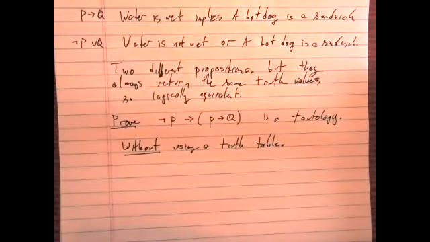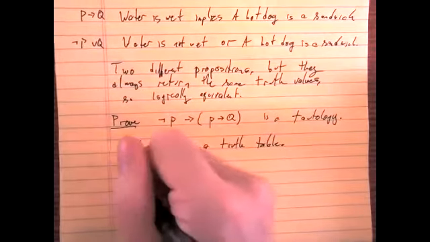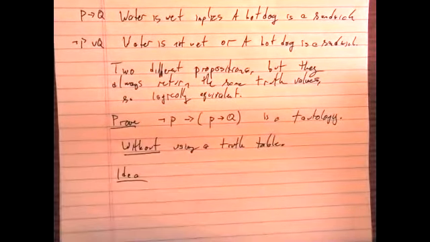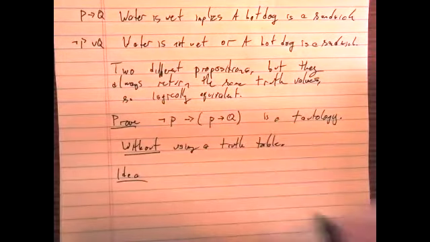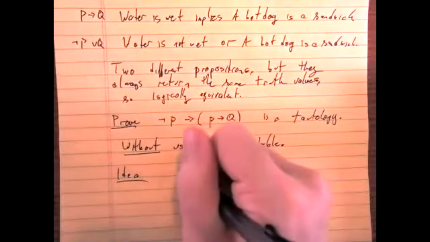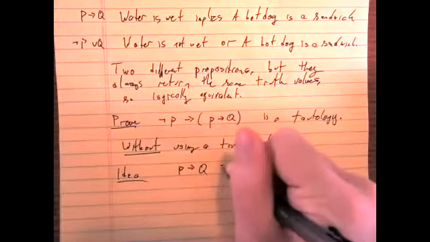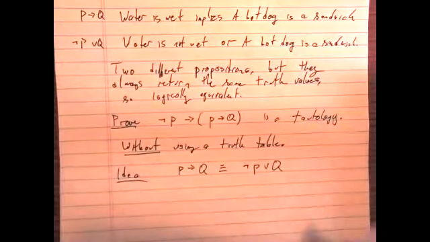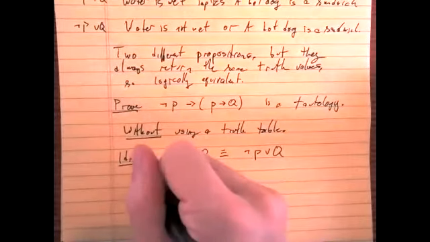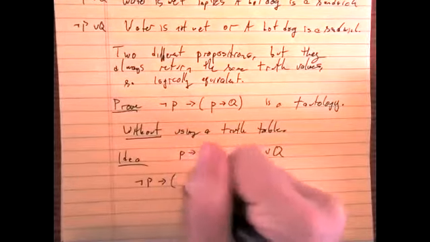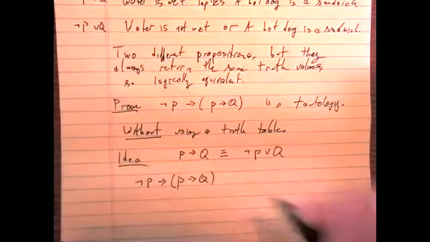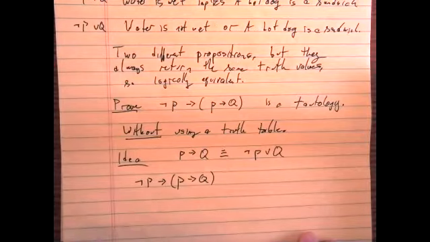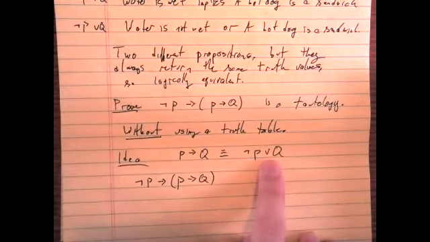So I suppose what I wanted to do here, this problem should actually come later, but the idea that I wanted y'all to use is the following. What I just showed you is that P implies Q is logically equivalent to not P or Q. So the idea to simplify this proposition, not P implies Q, is to gradually replace each of these implications with a logically equivalent proposition.